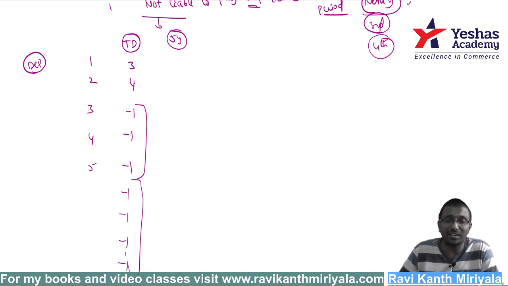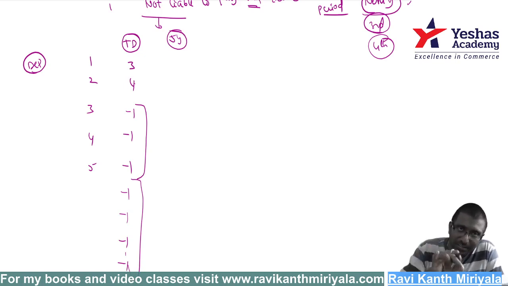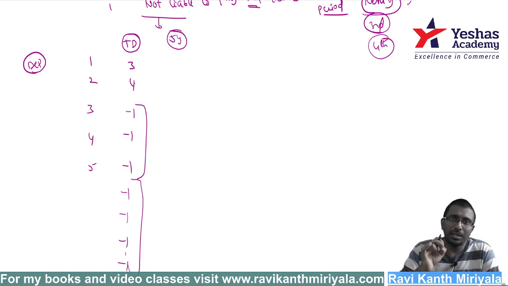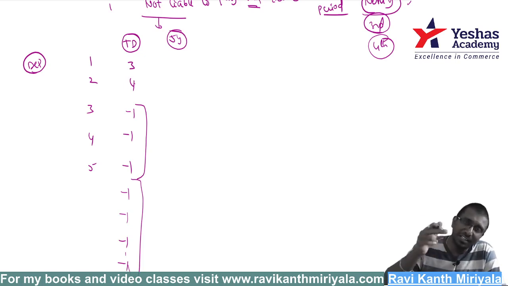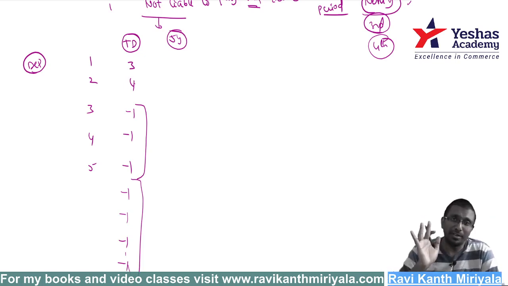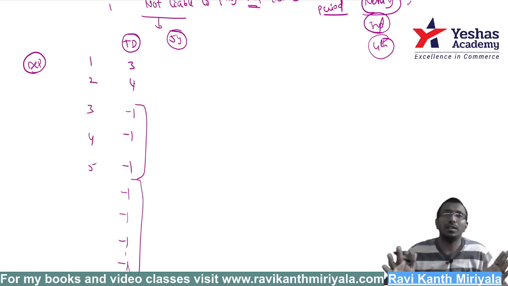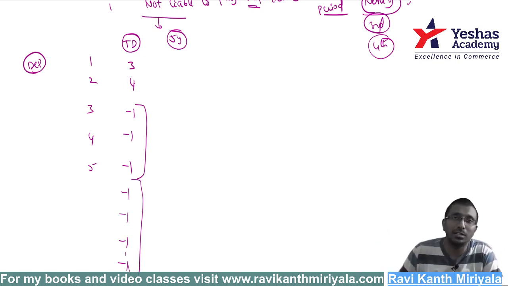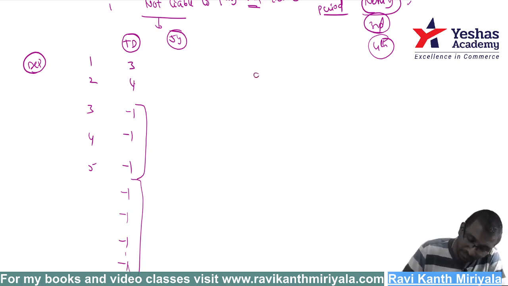Now the standard is telling very clearly that the timing difference which is arising in the tax holiday period and which is getting reversed within the tax holiday period does not create deferred tax. That is what they are telling.